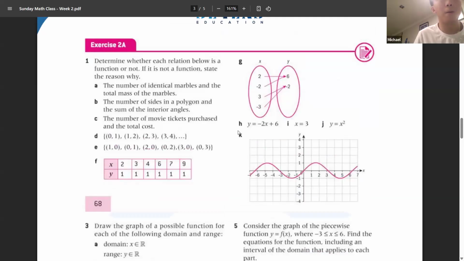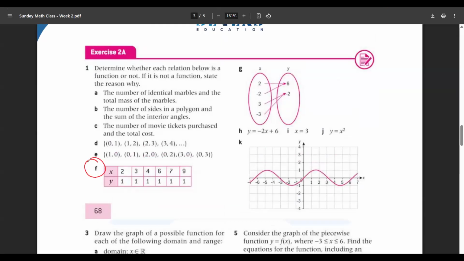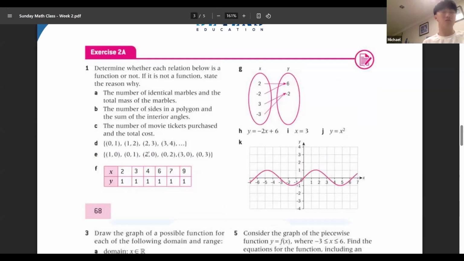Is this a function? Yes, because there's a unique output. What about G?